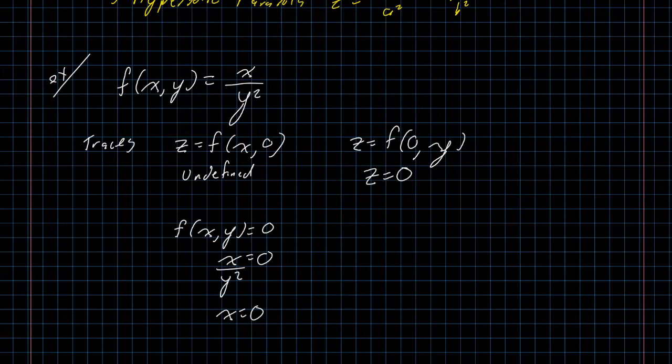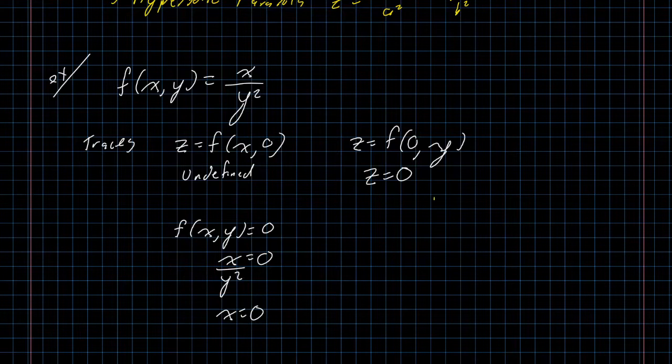We get just a single point. Or I guess we get a line out of that one as well in the xy plane. When x is equal to 0, in the yz plane, when z is equal to 0, those give us a couple of graphs that we can look at.